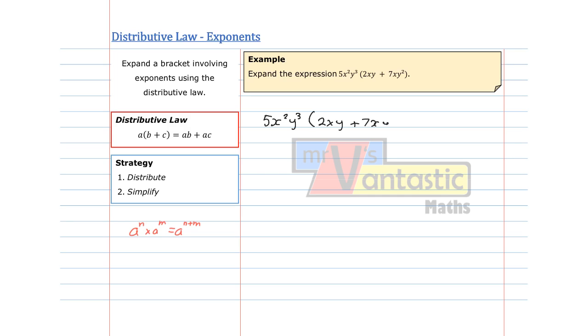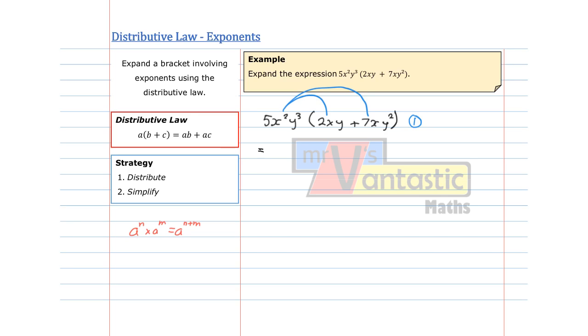So we're going to start this by distributing like we have done in the past. It's just that it's a harder expansion. They're bigger terms. So we're going to multiply the term in front by the two terms on the inside.